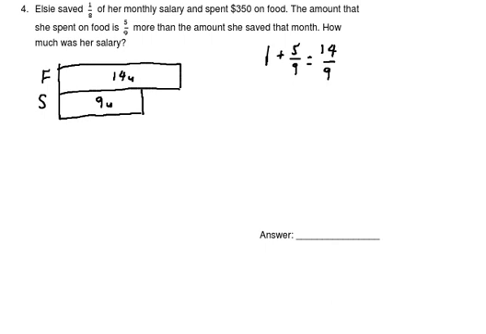Okay, so now you have this. She spent $350 on food. So, Ernest, form the equation for me. 14 units equals to $350, because we know that she spent on food is $350.